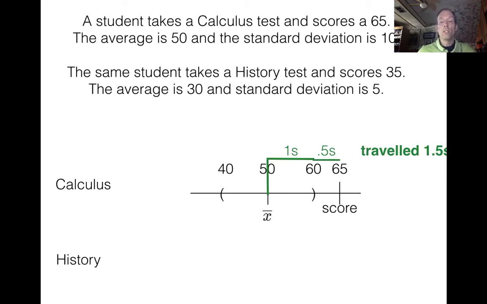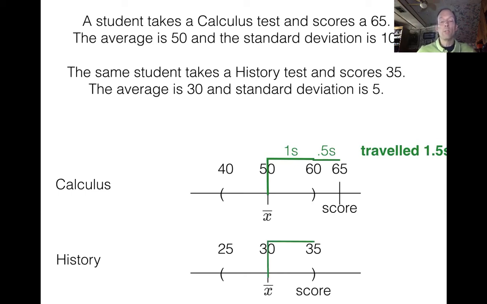Now we'll do the same thing for the history test. We're going to make a number line. We're going to write the score average of 30. And we're going to create a range 1 standard deviation above and 1 standard deviation below the average. That's going to give us a 25 on the low side, a 35 on the high side, and we'll go ahead and write down that that score was 35, so we have that.